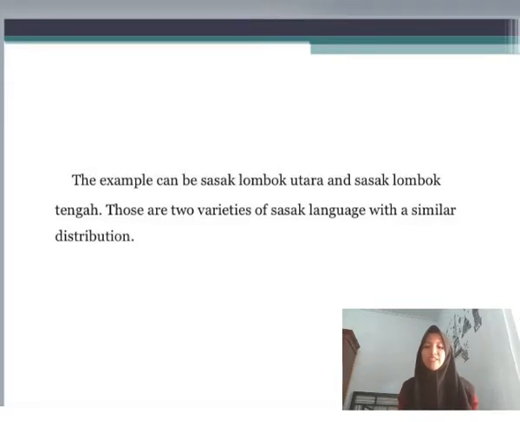Okay, here I take, for example, the Sasak language, because in Lombok they use Sasak language, but the Sasak language is different. Lombok Utara and Lombok Tengah are different, but they are always spoken in the Sasak language.